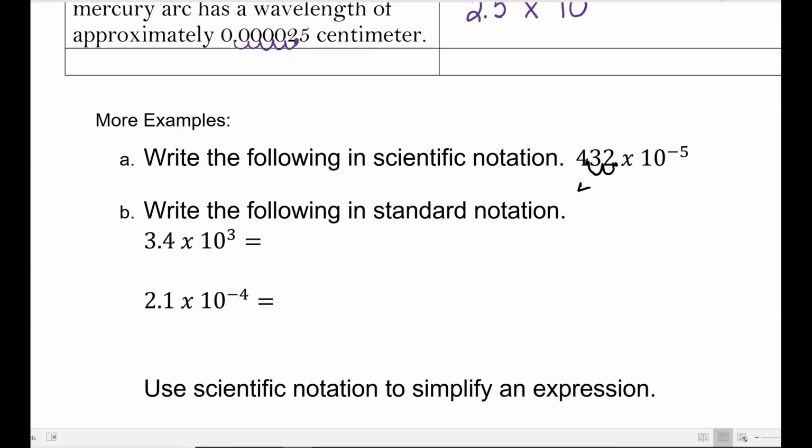Now, how does that affect this exponent though? Because we're moving to the left, right? So what's happening is, since we're moving it to the left, we have to compensate for that. We have to compensate for losing those places, right?